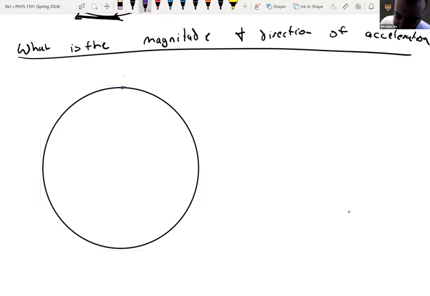What we have here is V1. Now, a little bit of time later, like right here, we'll have a V2. It's important that V1 and V2 have the same length. Those are two different velocities, and they are different because they point in different directions. But V1 and V2 have the same length.